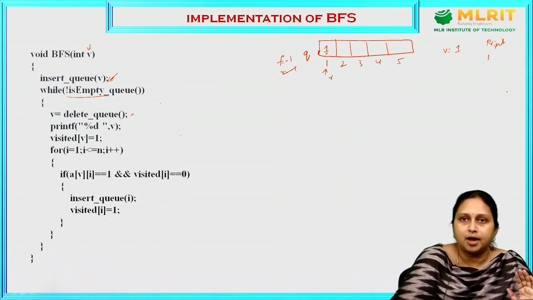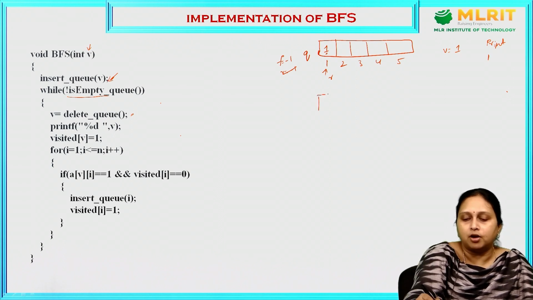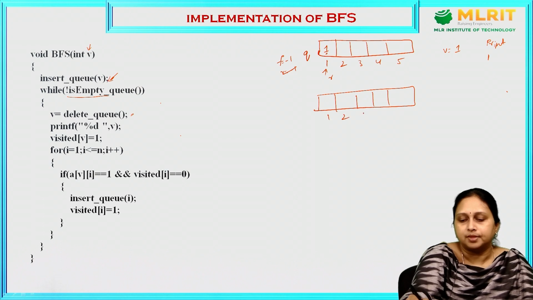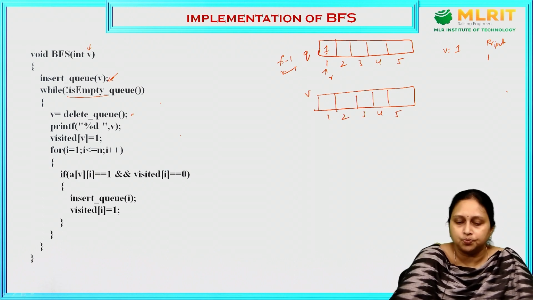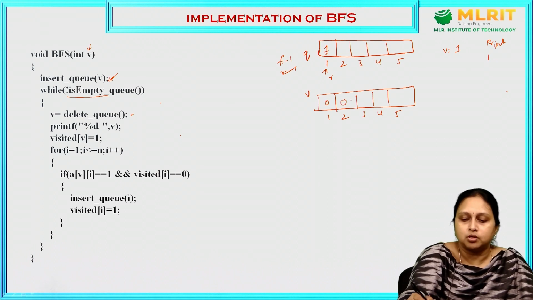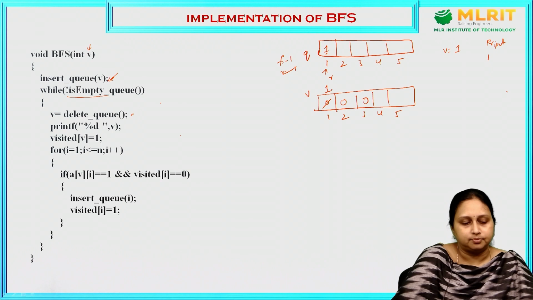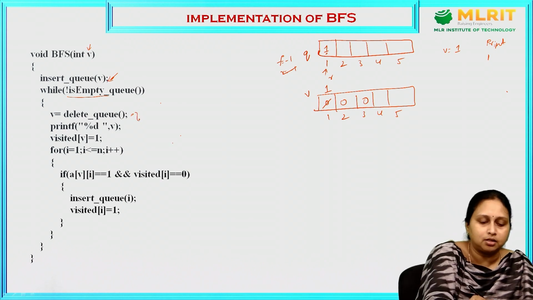If I have visited that particular vertex, I am going to place that with 1. Now, we have one more array which we have taken, visited vertex, of the same size as Q. Previously it was 0, now we are going to place 1. That is what these 3 statements are telling.